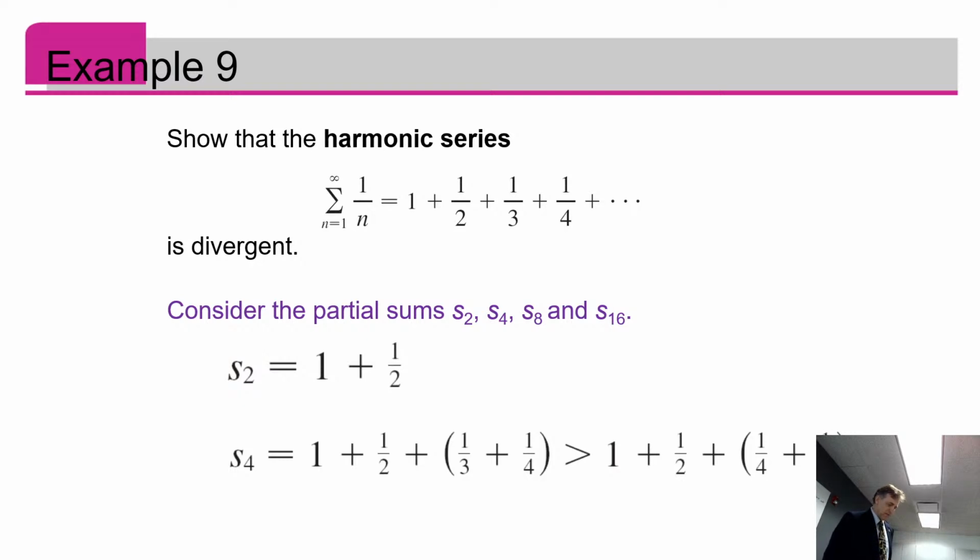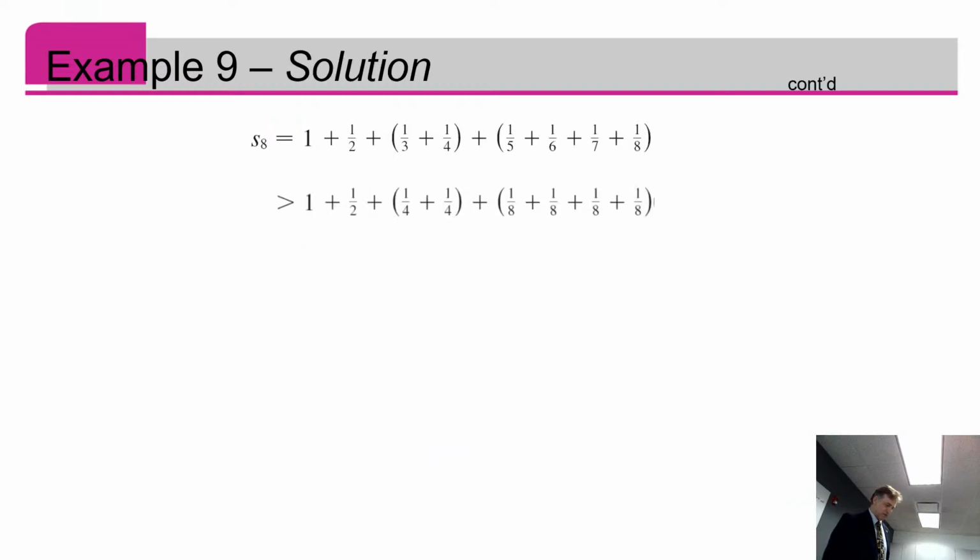Let's do S sub 8, the partial sum. Here's the partial sum S sub 8, and here I'm going to do the same trick. I get 1 plus 1/2 plus that stuff, but I'm going to change the 1/3 to 1/4. It makes the whole thing smaller, which means this is bigger than this. And I'm going to change all of those to 1/8.